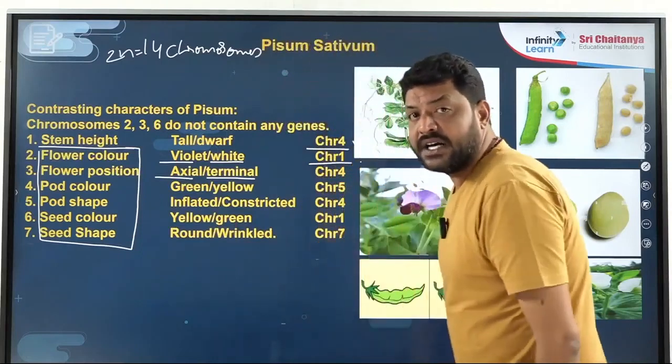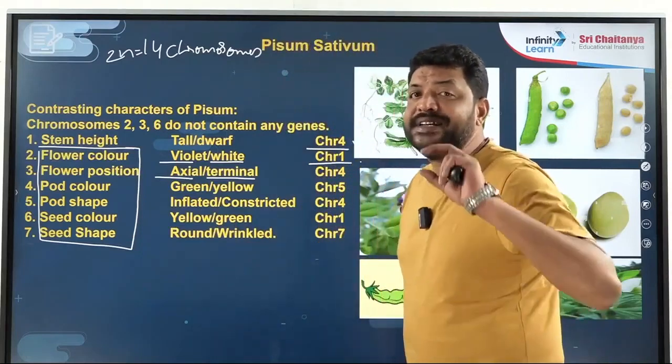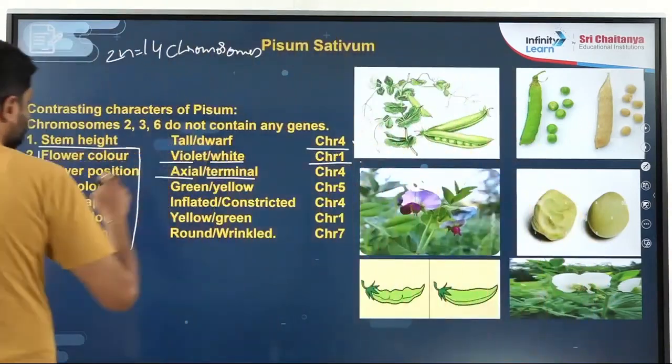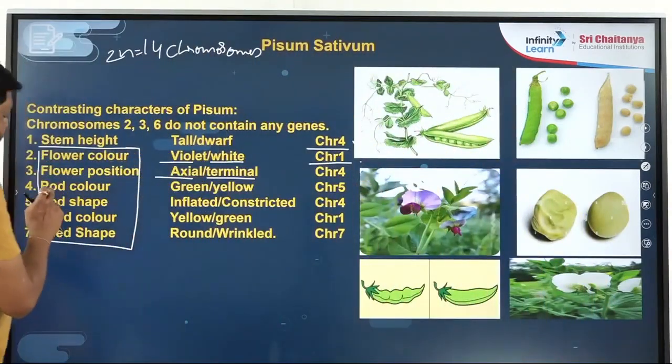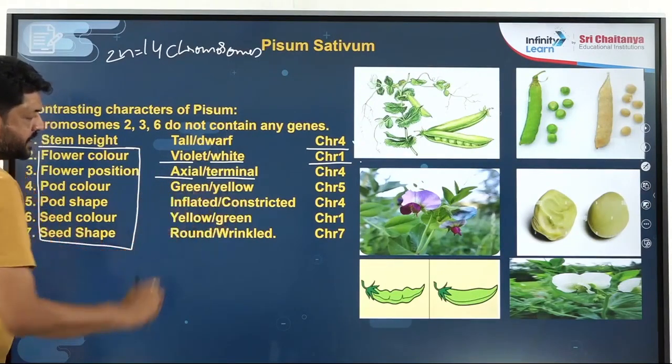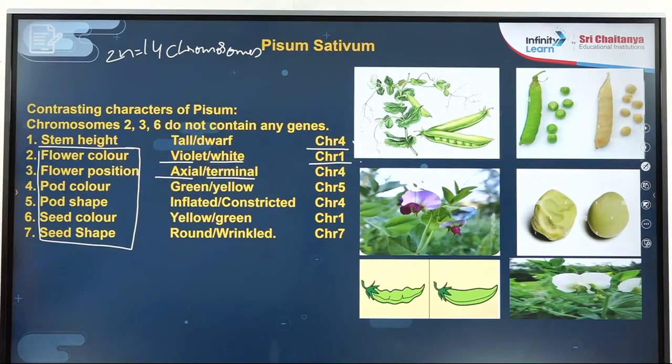If it is asked how many traits from the flower are selected? 1, 2 traits, 3, 4. And pod, 1 trait, 2nd trait, 3rd trait, 4th trait. So traits selected are 4 and characters selected are 2.